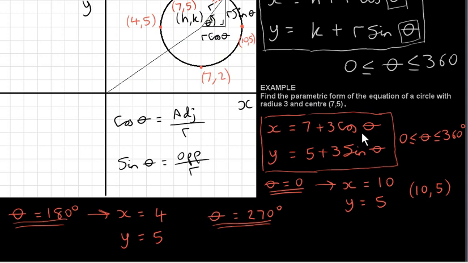We plug 270 in here. The cos of 270 degrees is actually 0. So we get x equals 7 plus 3 times 0, which is 7. As for y, the sine of 270 degrees is actually minus 1. So we have 5 plus 3 times minus 1. 5 minus 3 is 2.